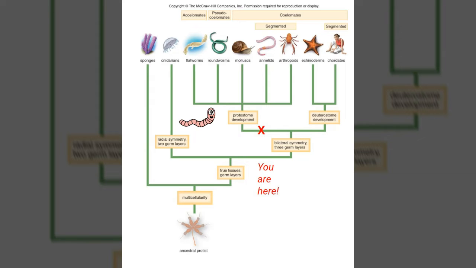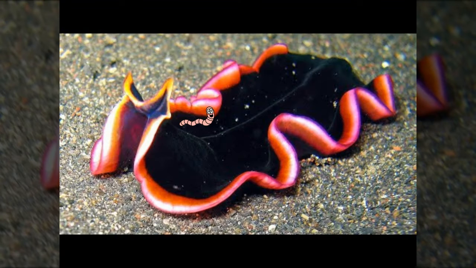So some characteristics of flatworms. This is what a flatworm looks like. They are acoelomates, which means they have no body cavity. They range in size from 1 millimeter to 1 meter. They have thin, flat bodies, as you can see here.